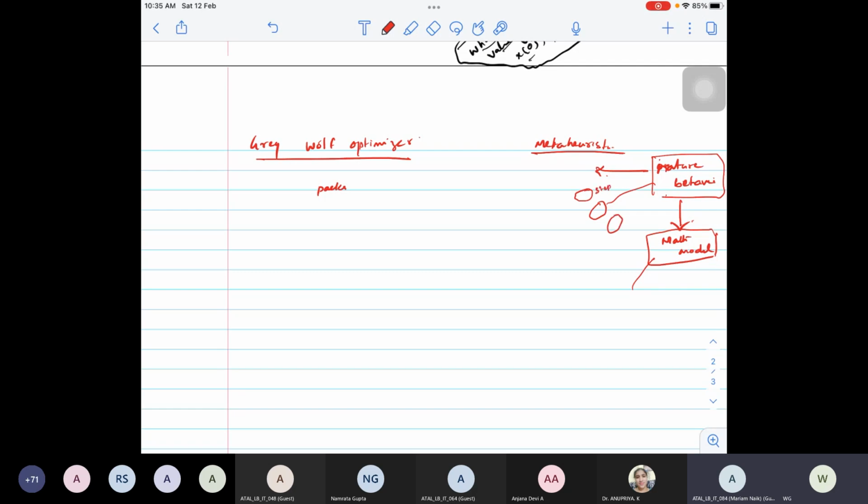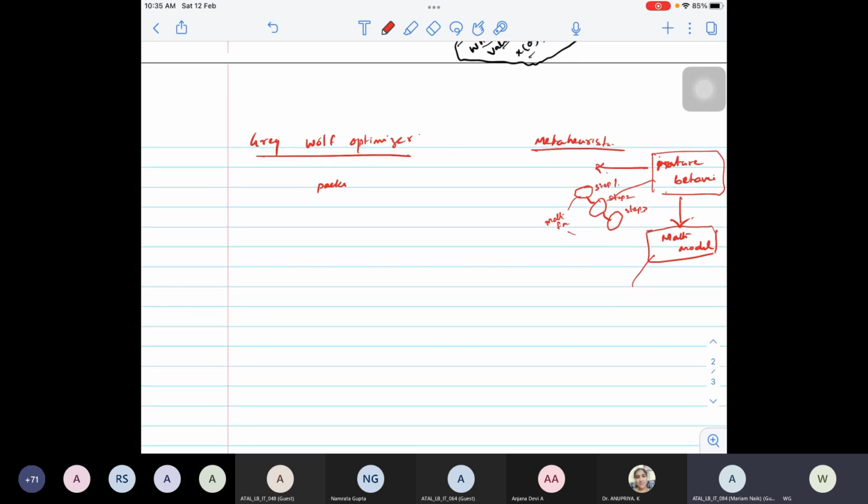So you have step 1, step 2 and step 3, and the interaction between these different steps is converted into mathematical functions, and then you have a mathematical model for this behavior.